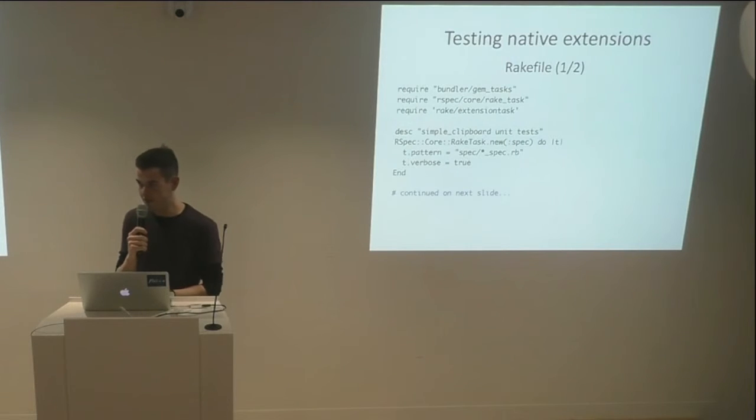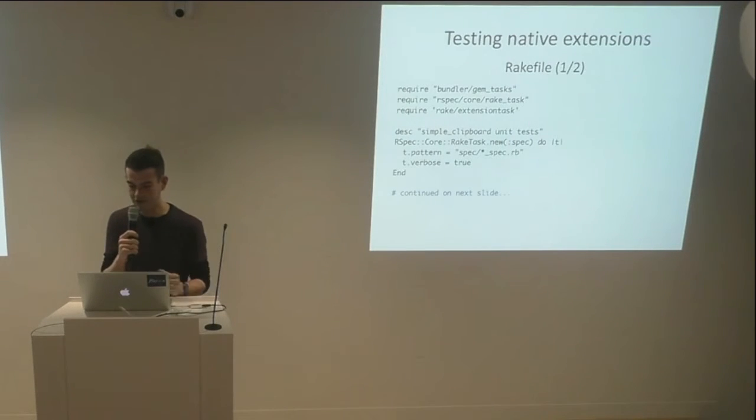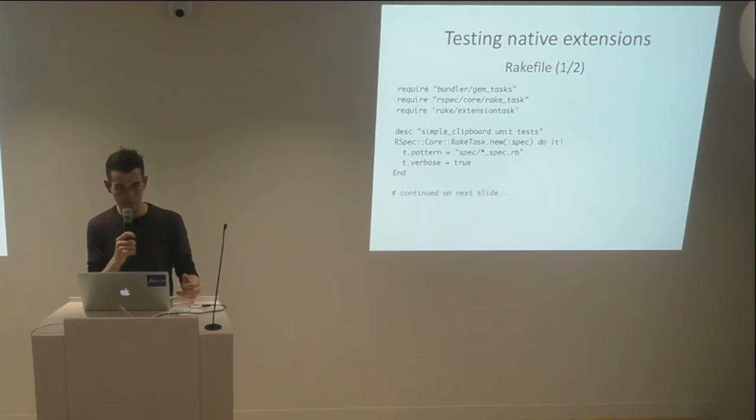So what about testing? Testing gets a bit trickier because now we have to have a workflow where we both compile and run tests when we're making changes to our C code. Now, the easiest way to do this that I've found, there are others, but this seems to work well, is to add, first of all, a Rakefile and define a couple of tasks in that file. In this case, I had RSpec tests, so I defined a spec task.